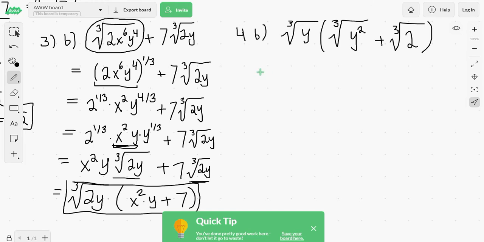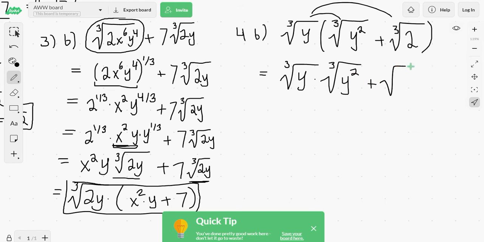So we distribute. We would have the cube root of y times the cube root of y squared plus the cube root of y times the cube root of 2. Now we apply our product rule from 7.3.